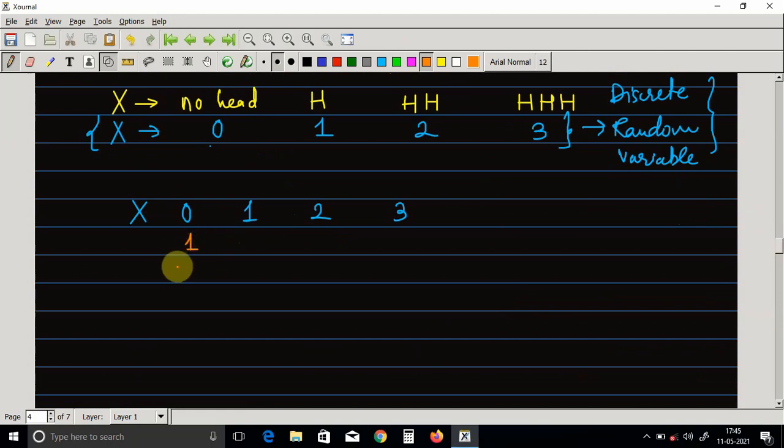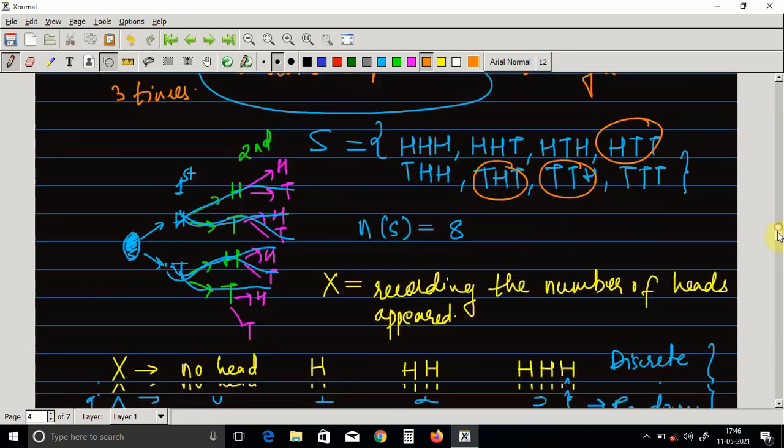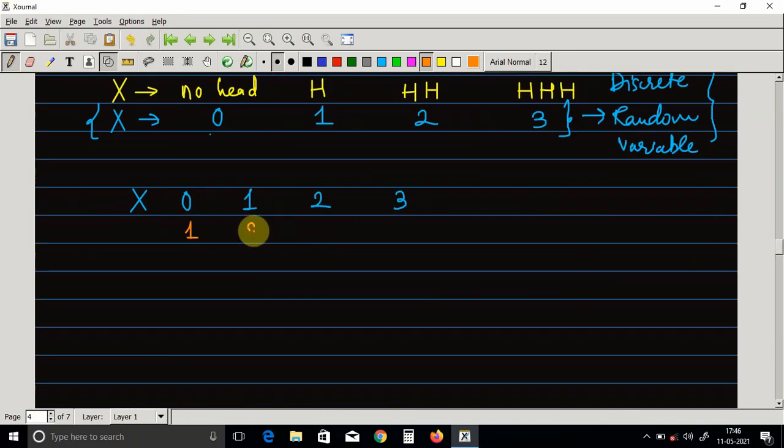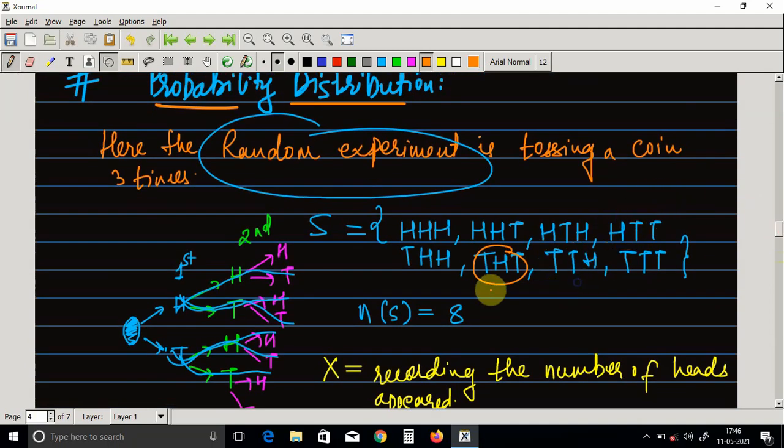Now let's count how many outcomes there are with one head. You can see one head means this is what you want: 1, 2 and 3. So 3 outcomes are in your favor. Two heads: how many times are there with two heads? 1, 2 and 3.